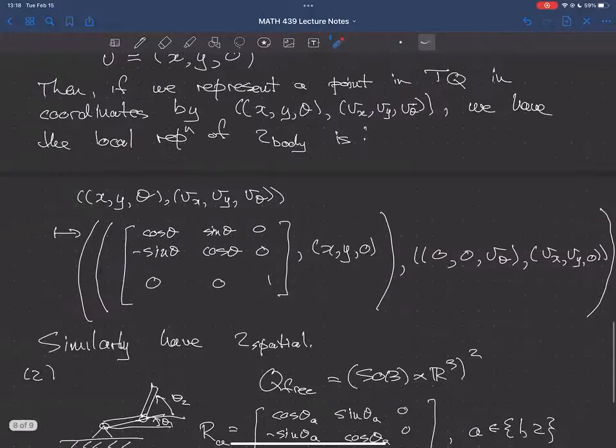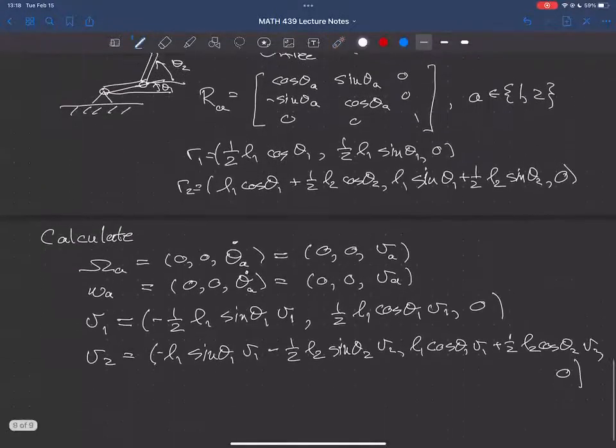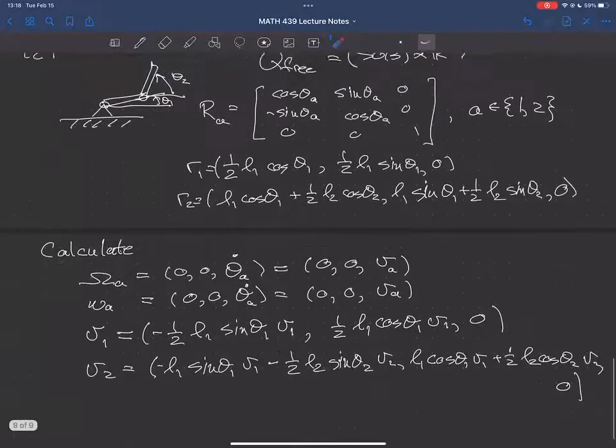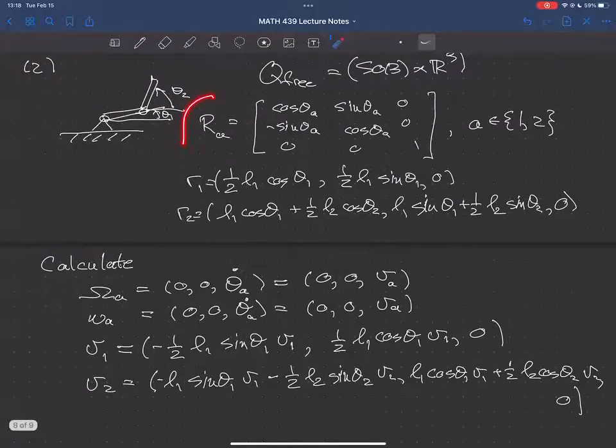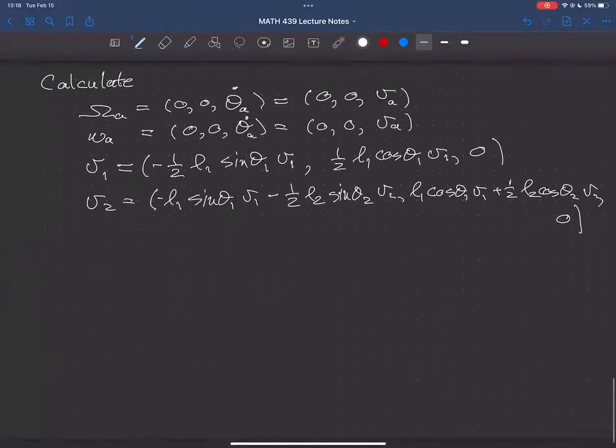And you can do just like I did up here, and you could assemble those into this big long expression to get iota body and iota spatial, right? But the point is that all those are really doing is they're just organizing that information. So the point is, you can organize this into iota body and iota spatial.